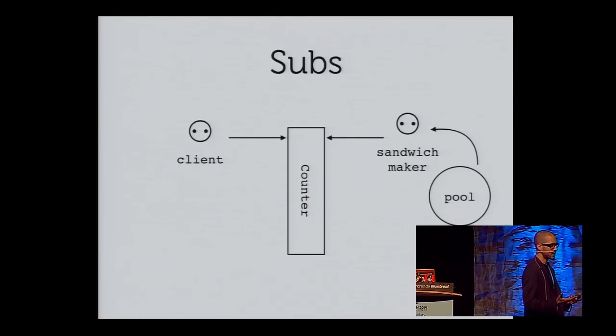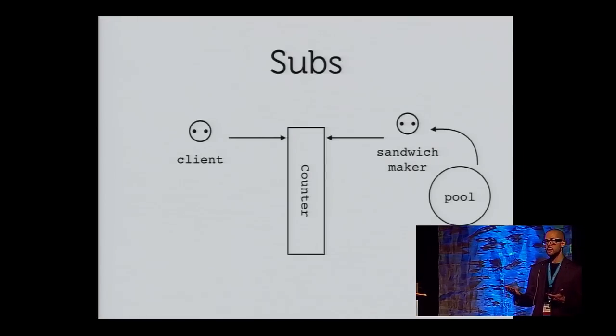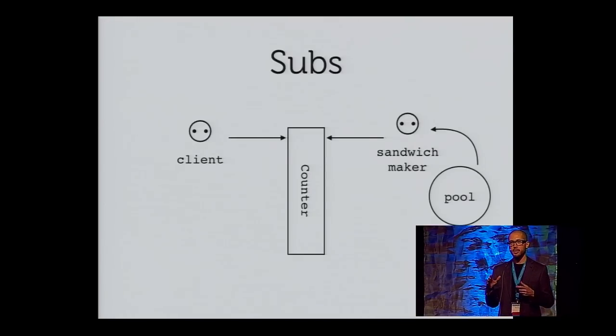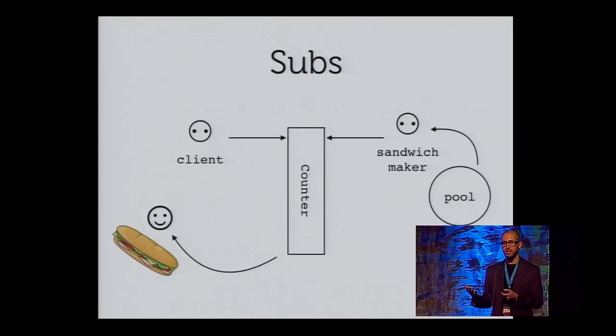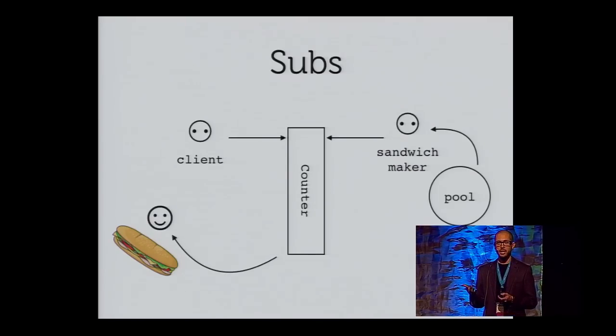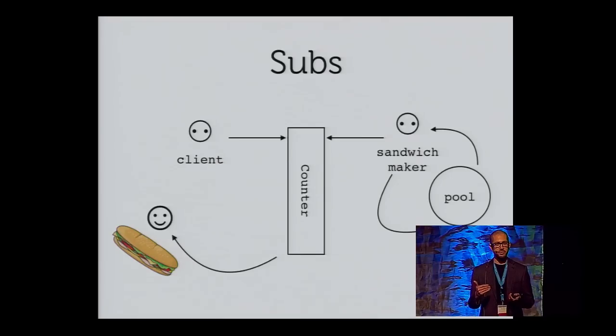So until the sandwich is complete, the sandwich maker doesn't take a break, doesn't talk to different clients. That sandwich maker is devoted to you until the sandwich is complete and you walk away with it. At that point, the sandwich maker returns to the sandwich maker pool until another client pops off of the eater queue.